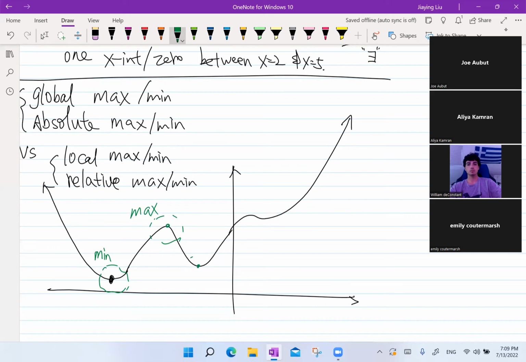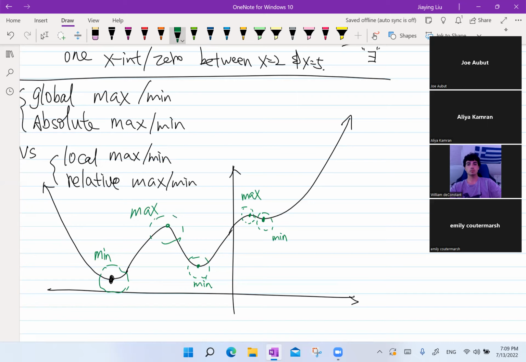And this point is a minimum for this part. And that part in this small area is also a maximum. And maybe this point here corresponds to a minimum. So this graph has multiple points corresponding to minimums and maximums.